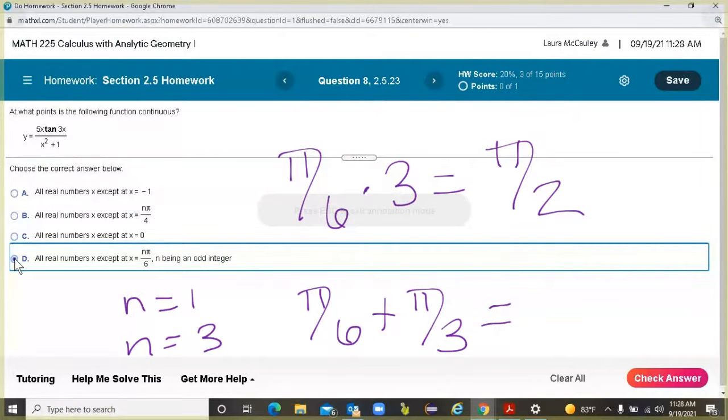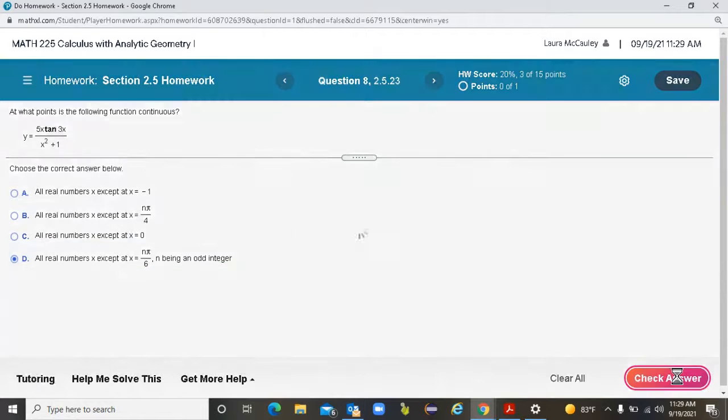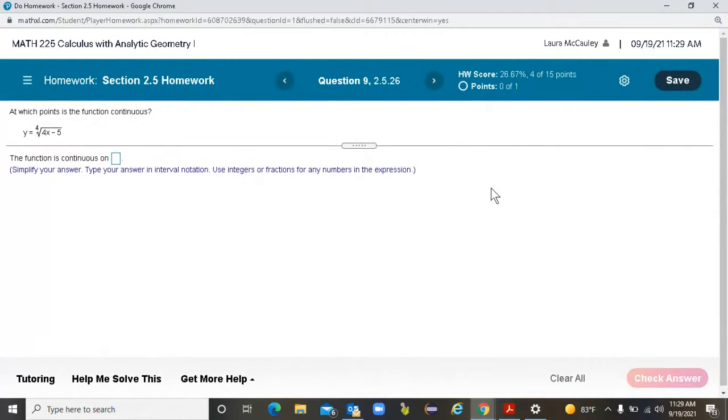You see how that ends up being 3 pi over 6, which is pi over 2. So anyway, convince yourself. But again, I do kind of like it. I know they made it look more compact, but doing it with plus any multiple of pi over 3 works just fine.